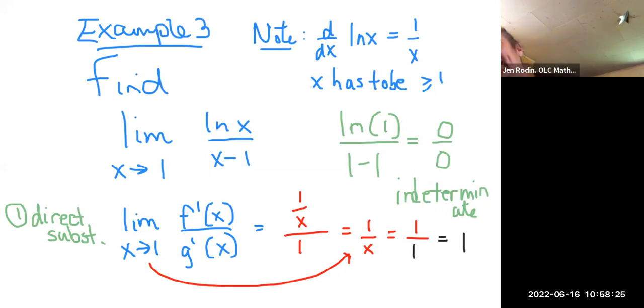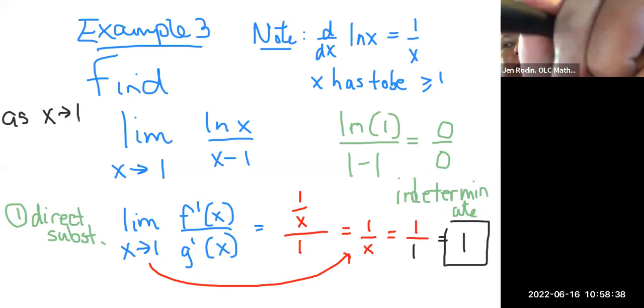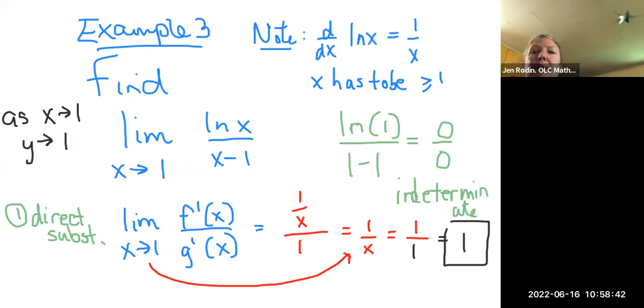Hooray! So that should be visible on a graph as well. If we looked at it, again, we're just saying as x gets really close to 1, y also gets really close to 1. Even though it's undefined at 1.